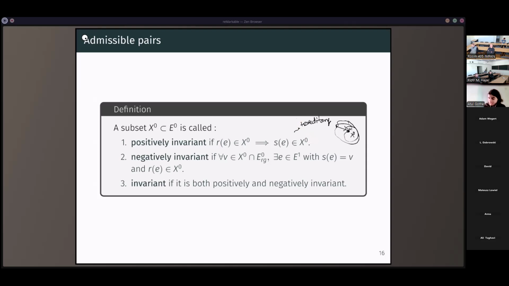While for saturatedness, if we have any vertex in x0 that is a regular vertex in the bigger topological graph E0, then there should exist at least one edge e such that it starts at v and ends up in x0. So it's called negatively invariant. Here, of course, it's in the opposite direction: source of e is v and range of e in x0, but here positive invariance is the other way. And we call the subset x0 invariant if it is both positively and negatively invariant.